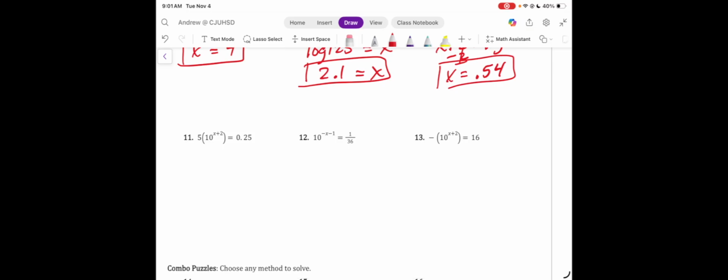First divide by 5. So 10 to the x plus 2 is 0.05. And then we'll take the log of both sides.